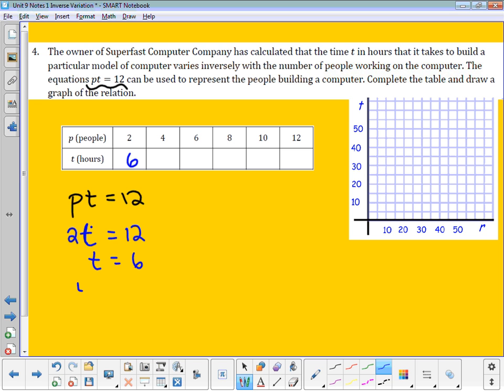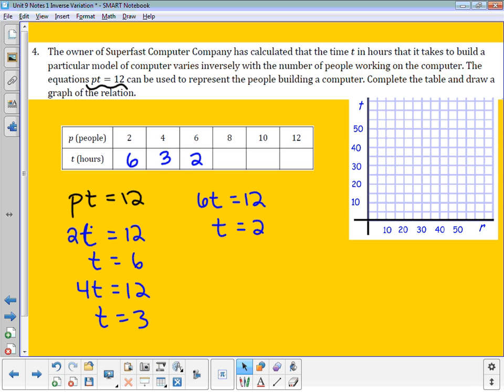Then I have 4 times t is equal to 12, which means t is equal to 3. And then I have 6 times t is equal to 12, which means I have t is equal to 2. And I'm going to leave the rest of this example for you to finish. I want you to finish filling in this table and see if you can graph the equation.